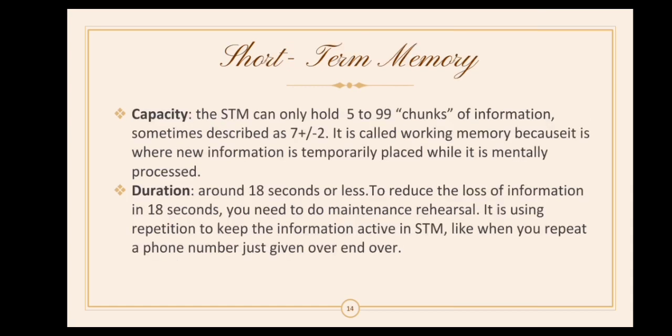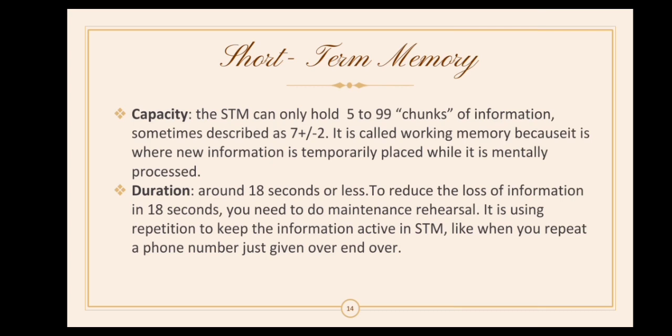So short-term memory: the capacity is 5 to 9 chunks of information, sometimes described as 7 plus or minus 2. It is called working memory because it is where new information is temporarily placed while it is mentally processed. The duration is around 18 seconds or less. To reduce the loss of information in 18 seconds, you need to do maintenance rehearsal.